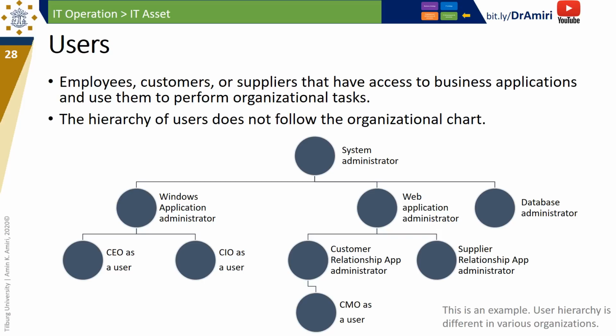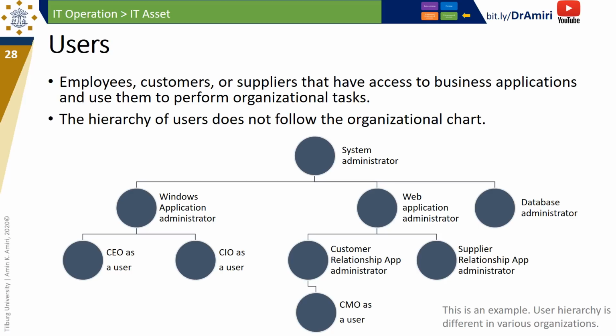Users also have hierarchies, but the hierarchy of users does not follow the organizational chart that you have seen in the previous video. Usually here, the CIO and CEO, who are among the most powerful people in the organization, are powerless.